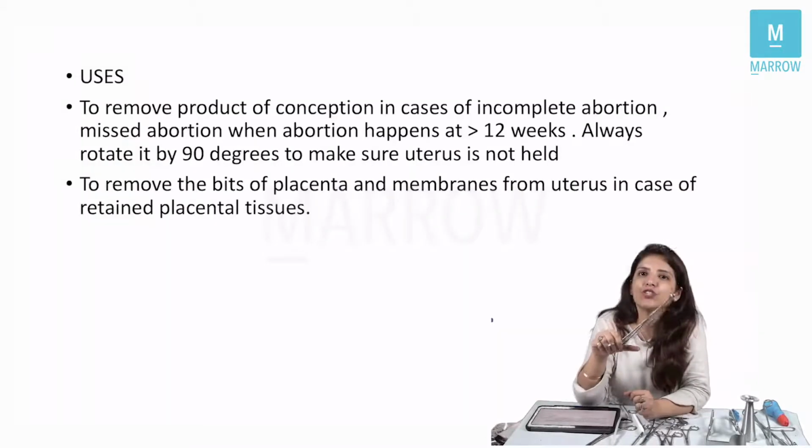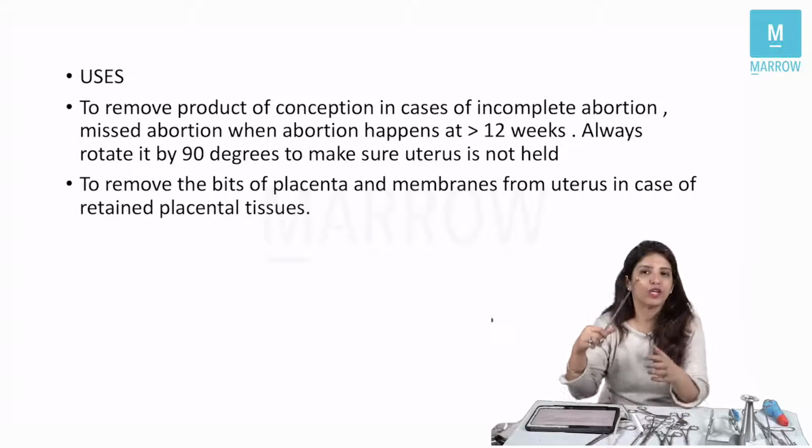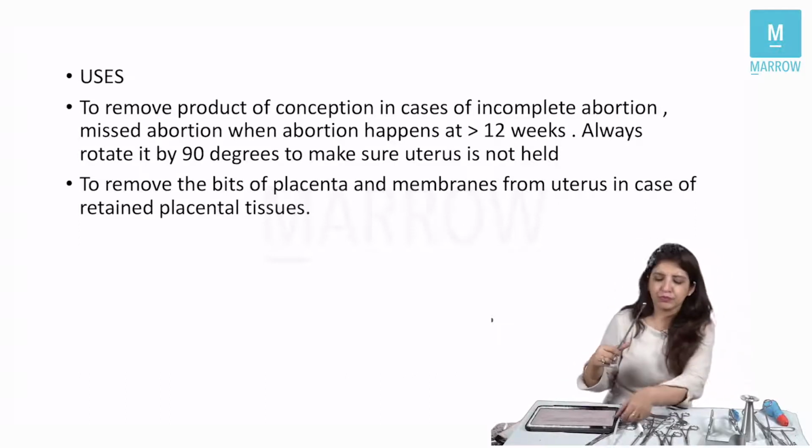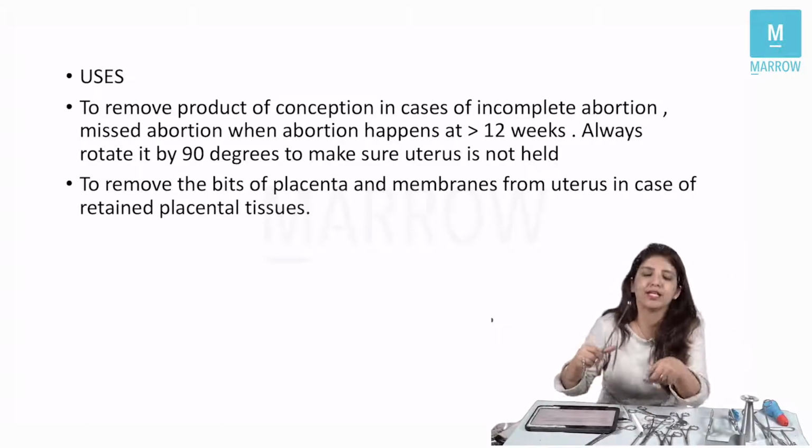Now, a question they ask you on ovum forceps can be, what are the uses of ovum forceps? The use of ovum forceps is if you have to remove the product of conception or do MTP after 12 weeks of pregnancy, because in that case the uterus is very soft and I cannot use a suction cannula, right?